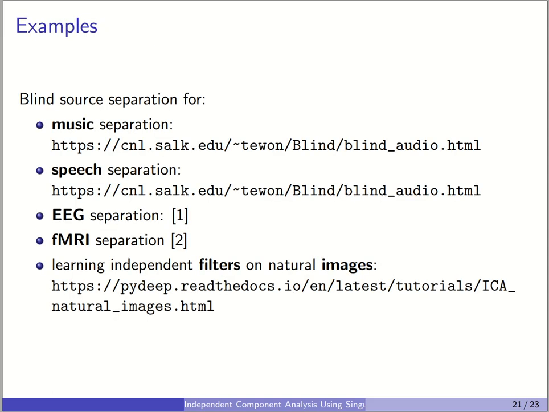The reason that I cannot show you the examples visually is that ICA, for example, is used a lot in speech recognition, and you need to hear that. But you can see that, for example, it is used for music separation. You can go to this website and see that.